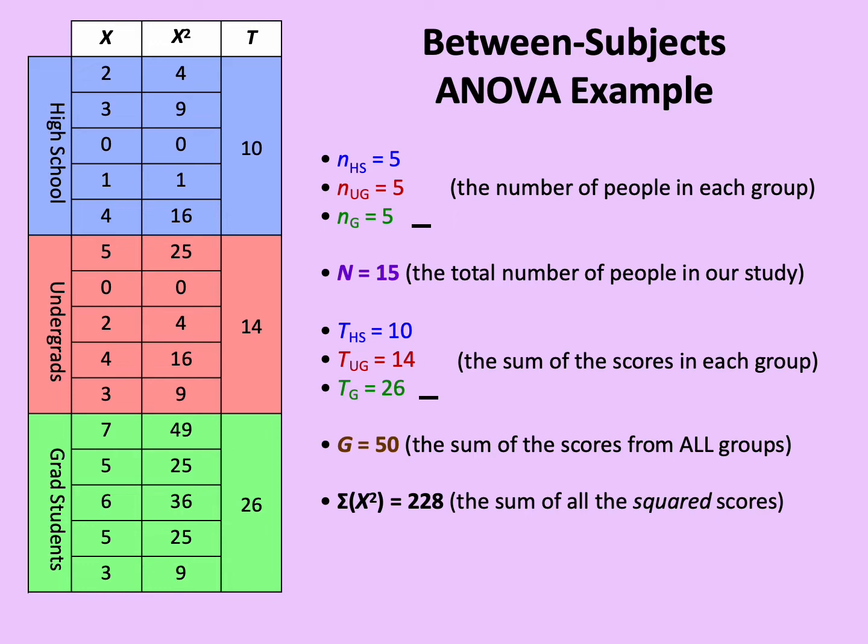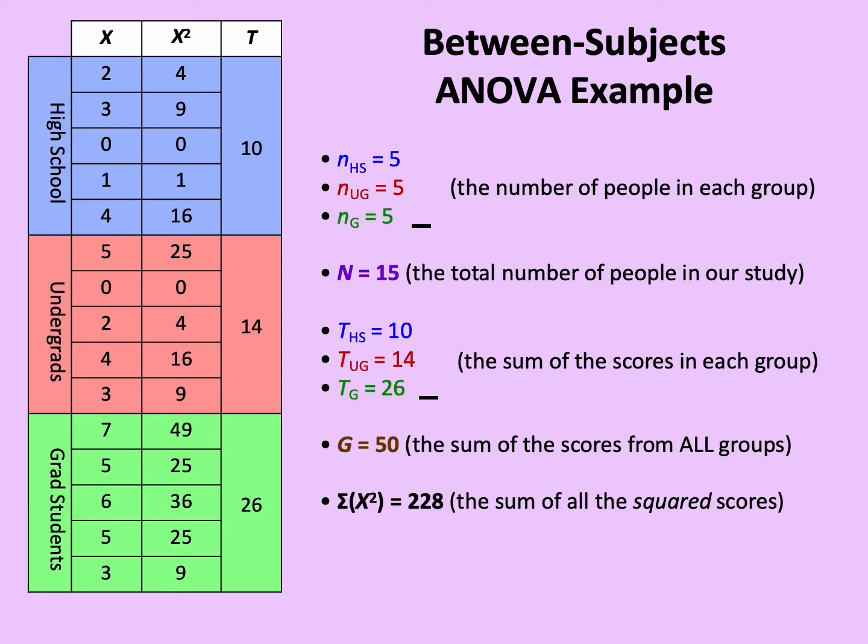So X is just the number of cups of coffee from our data set directly. X squared is obviously the score squared. And then what is T? T is the sum of the scores in each group.